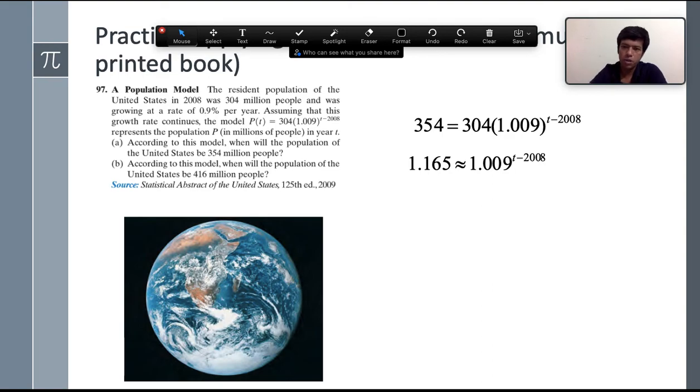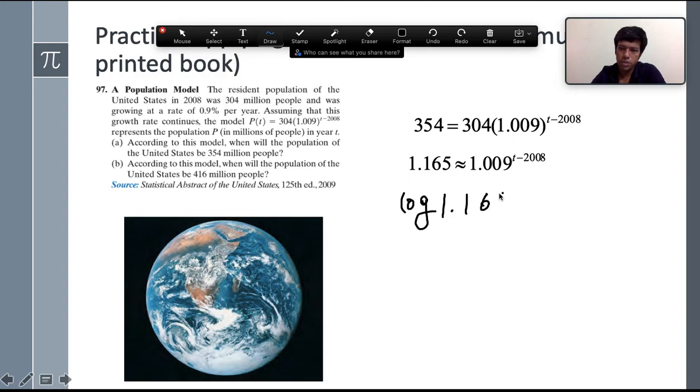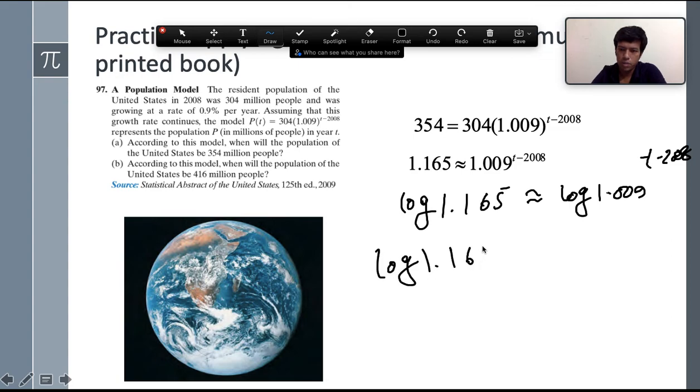Let me show you how we go from this line to the other line. If you take log or ln, what you have is log 1.165 equals log 1.009 to the power t minus 2008. Then you have log 1.165 approximately equals (t minus 2008) times log 1.009.